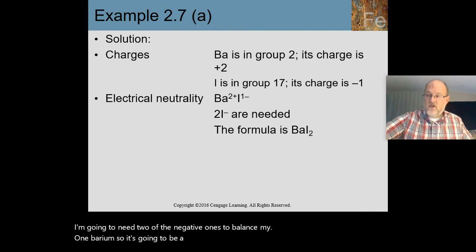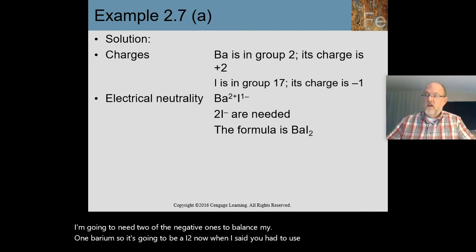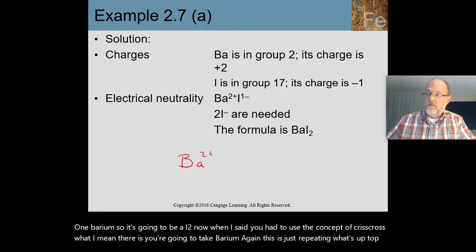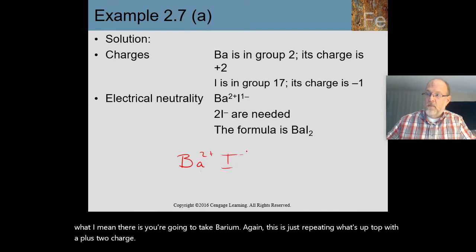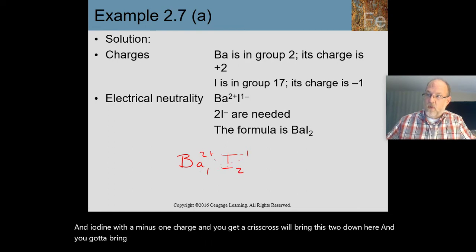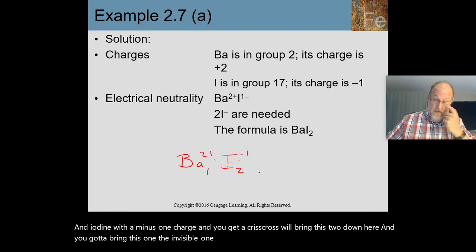Now, when I said you had to use the concept of crisscross, what I mean is you're going to take barium, with a +2 charge, and iodine with a -1 charge, and you're going to crisscross. You're going to bring this 2 down to here, and you're going to bring this invisible 1 over in order to balance it. That's your crisscross.